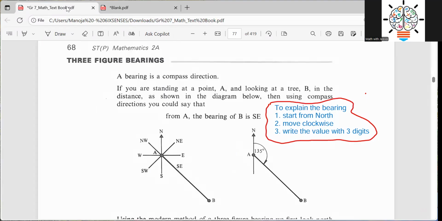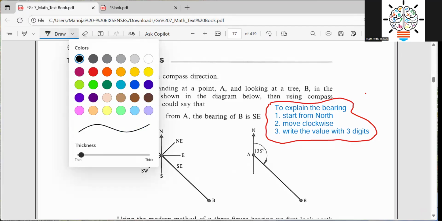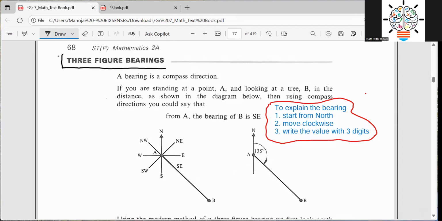Now you go to your theory book, put the date, and write down the subtopic. It is three-figure bearing. Okay. Right.